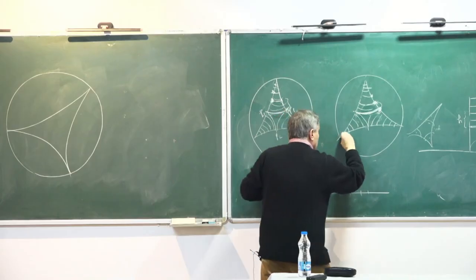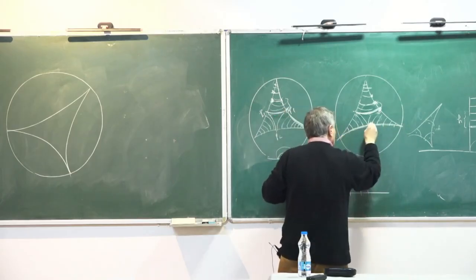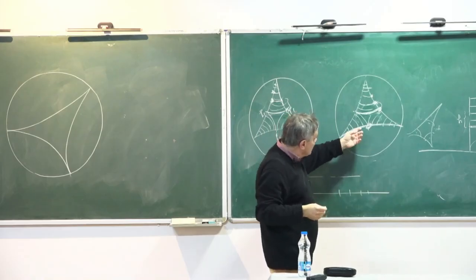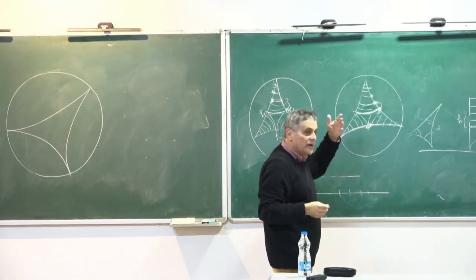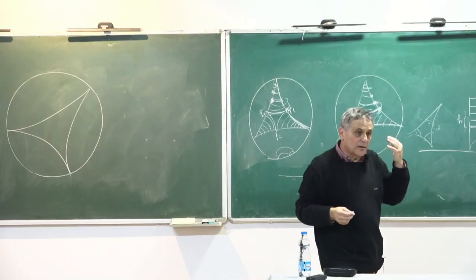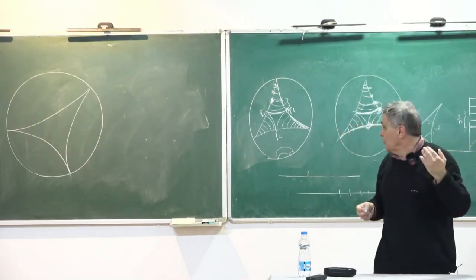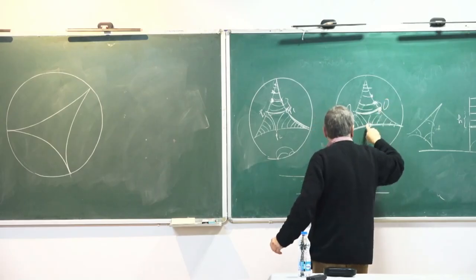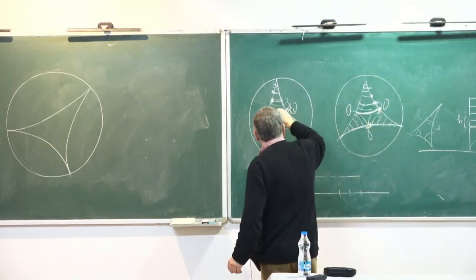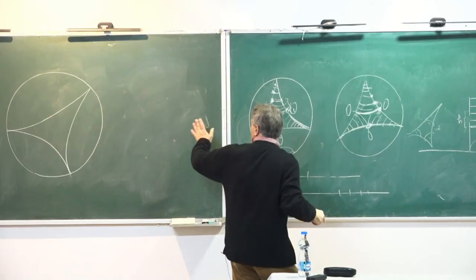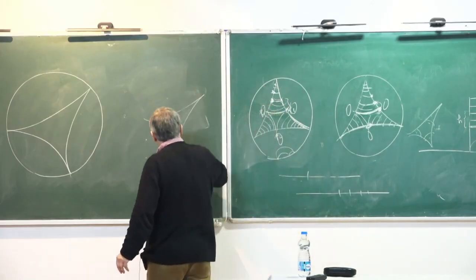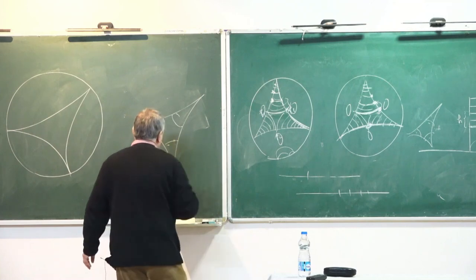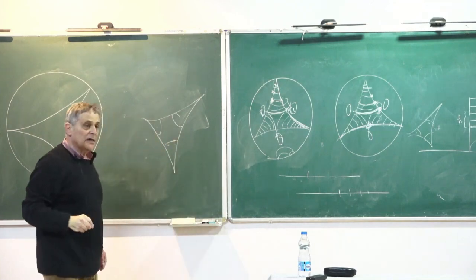You see, I have three isometric maps, three distance preserving maps from the real line to the real line. If I glue, this is like the zero. If I glue the zero with the zero, there's no problem. I get this result. This is the surface.